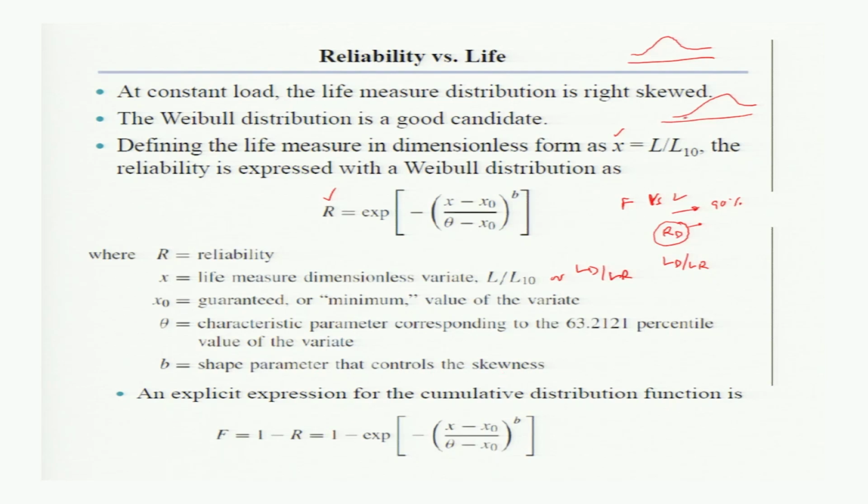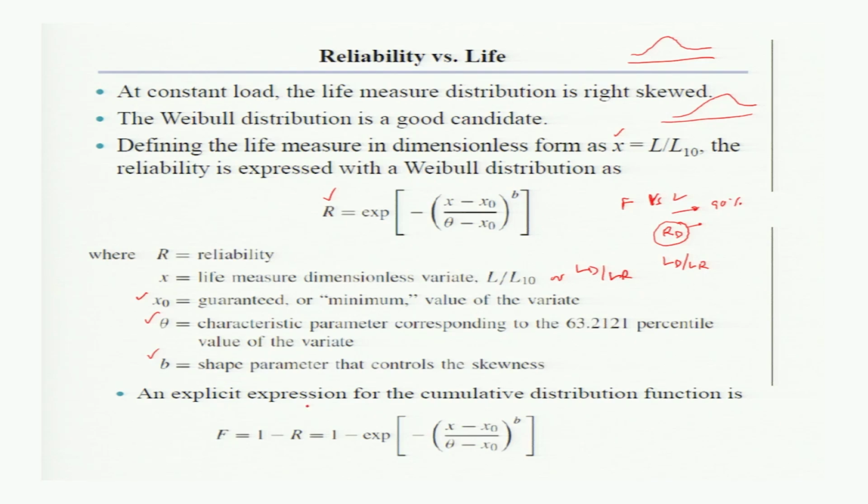So, for a particular Weibull distribution we will have values of x0, theta and b. If we have a value of x, we will know the reliability. So, reliability is related to x with the help of this equation.